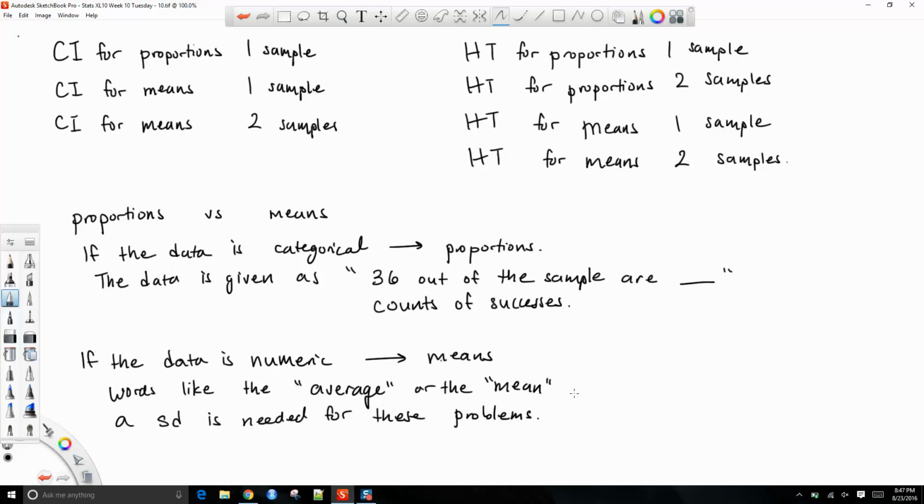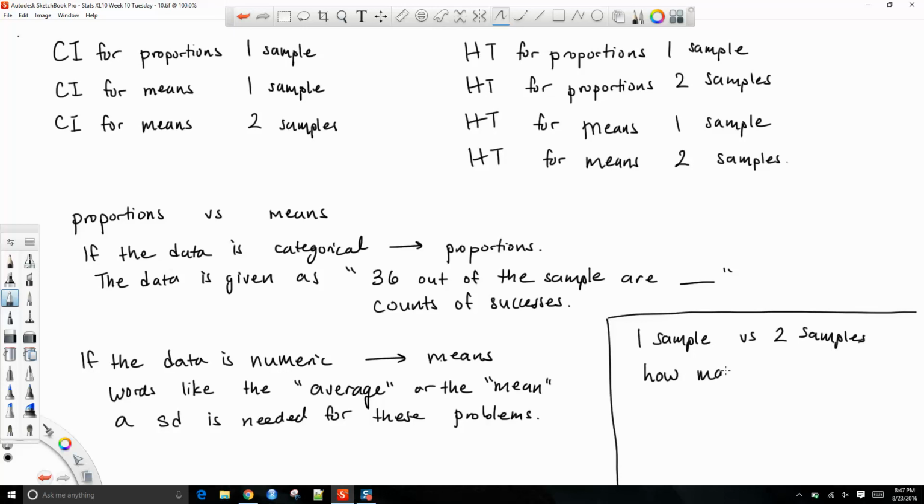Whether you have one sample or two samples, the best way to decide is to try to identify how many n's you can find in the problem, n being the sample size.